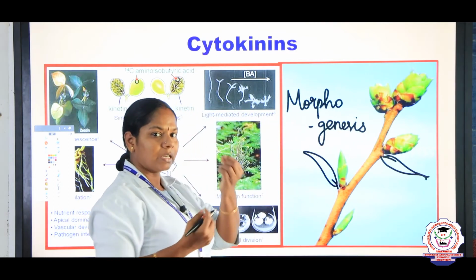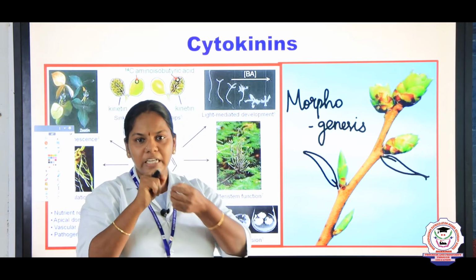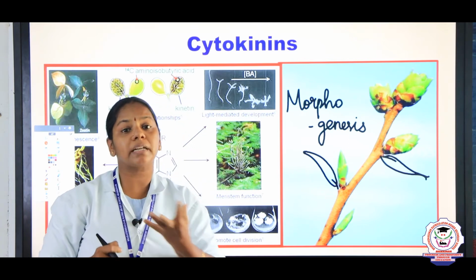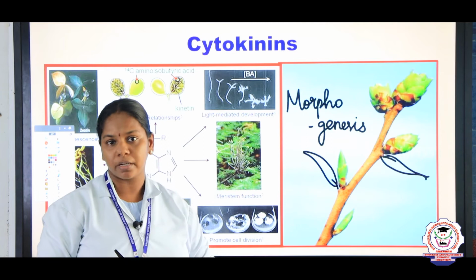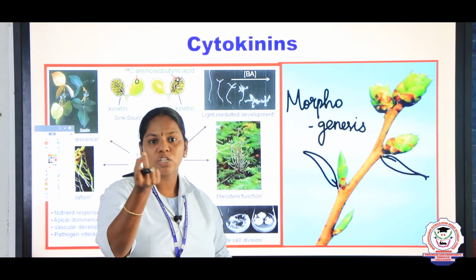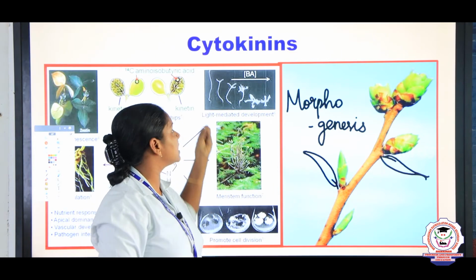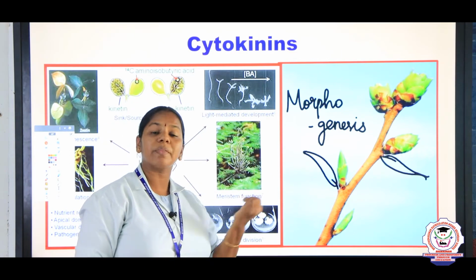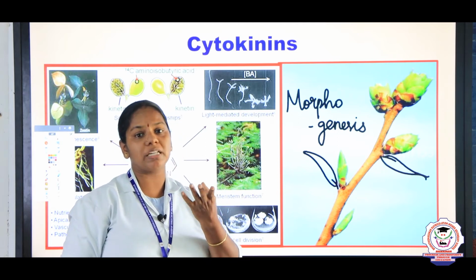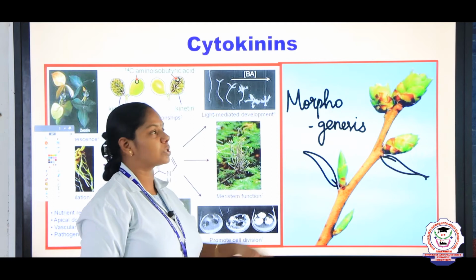In tissue culture they use only a single part of a leaf or something, and from that the entire organs of the plant, like stem and root, will be formed from that small callus. At that time they induce this cytokinin, so the plant organs are stimulated to grow from the callus. So that is another important function.